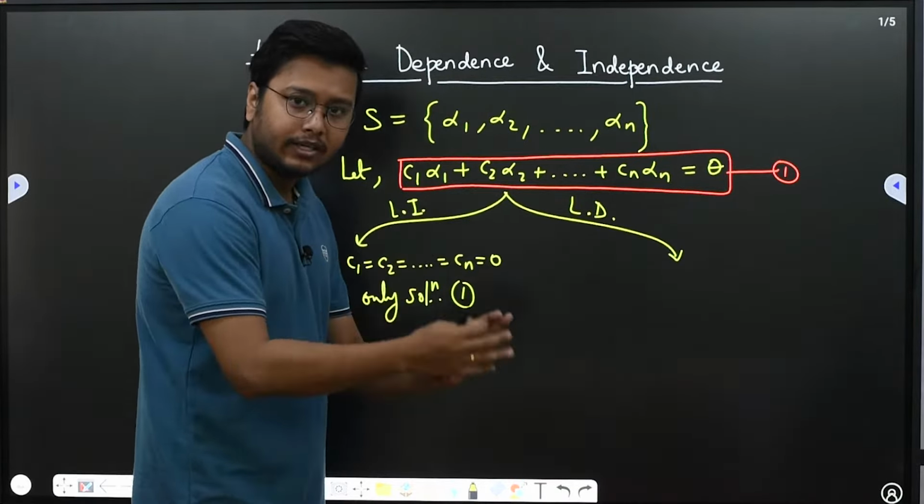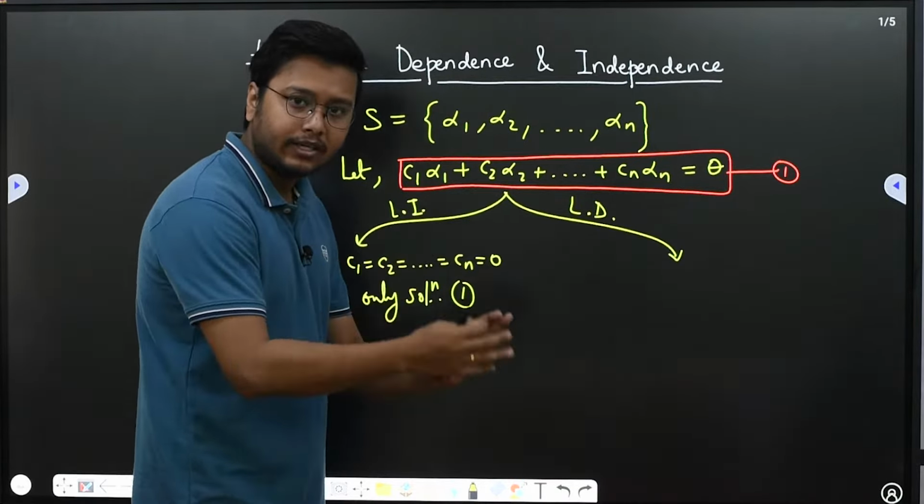Okay, that's one observation. I'll come to the proof of that right now. And number two, the subset of a linearly independent set is linearly independent. Okay, so these are two very important observations.